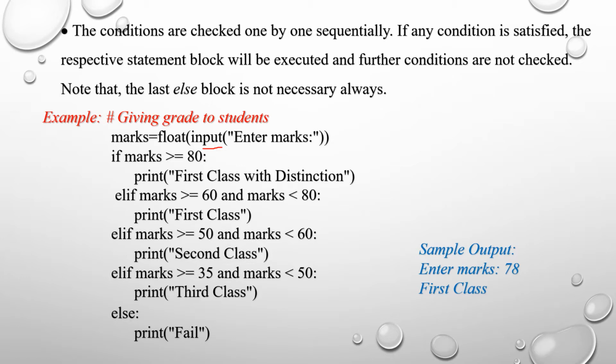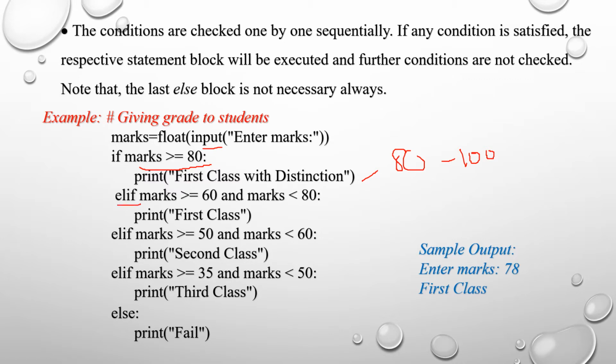Here we declare one condition: if marks is greater than or equal to 80, we print the grade is first class with distinction. So 80 to 100, first class with distinction.